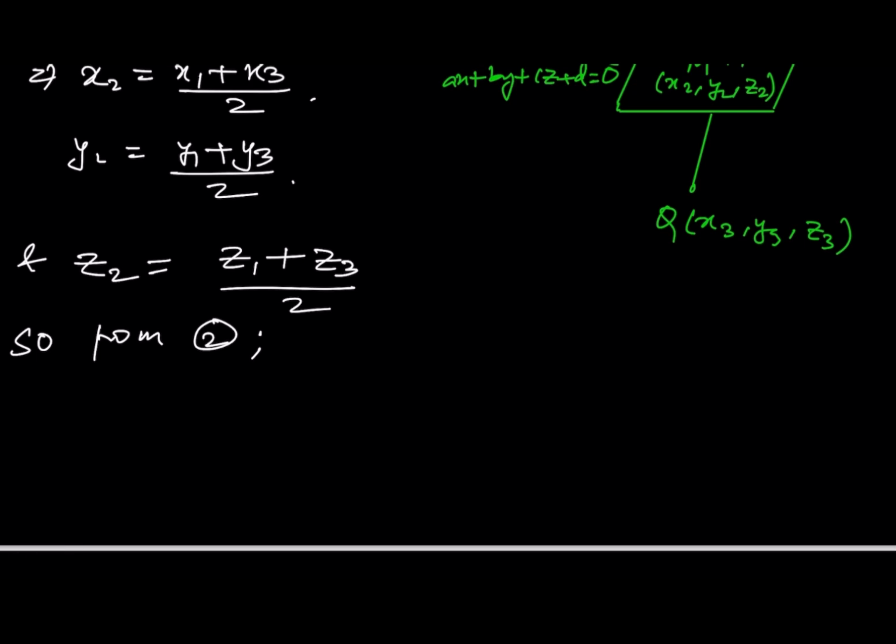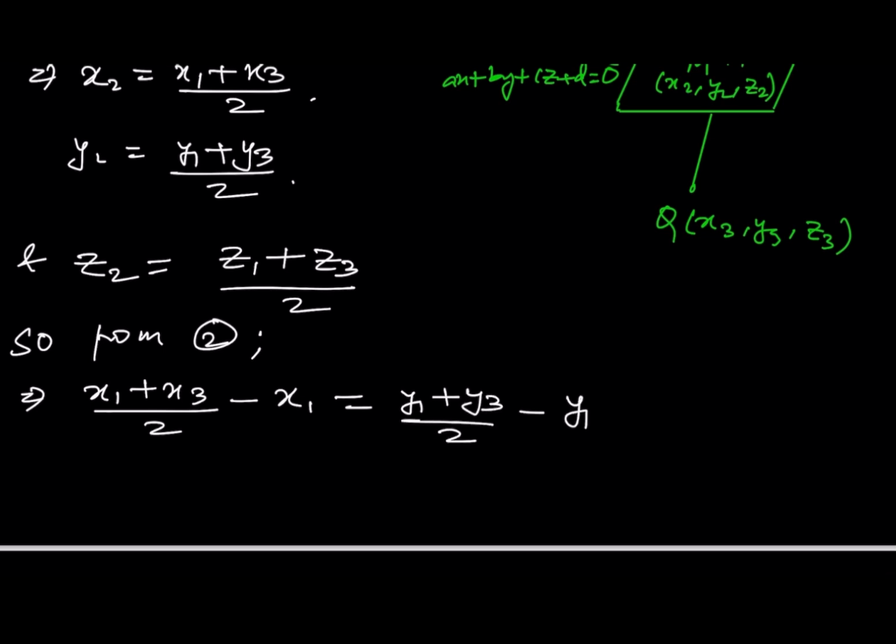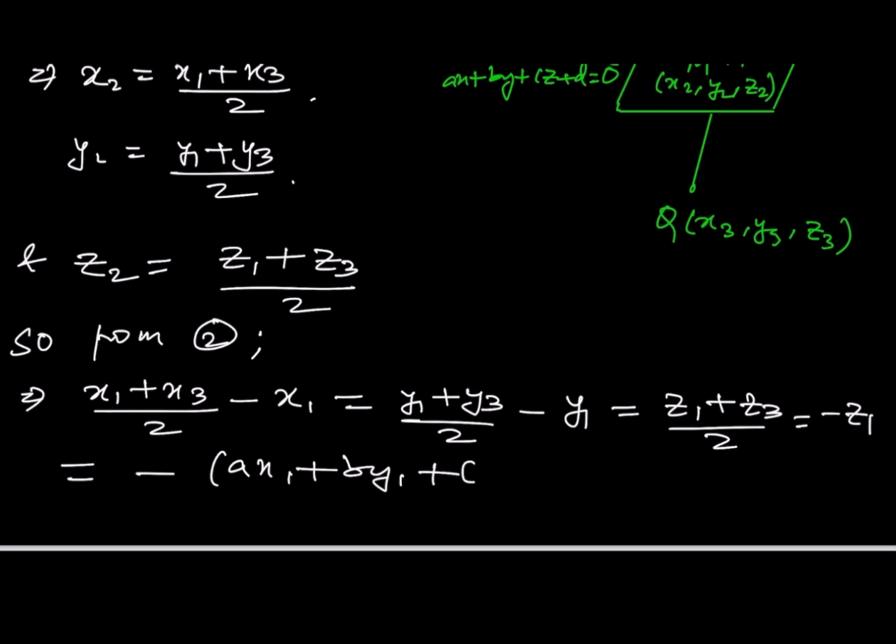So this is (x1 plus x3) by 2 minus x1 is equal to (y1 plus y3) by 2 minus y1 is equal to (z1 plus z3) by 2 minus z1 is equal to minus times (ax1 plus by1 plus cz1 plus d) upon (a square plus b square plus c square), right?